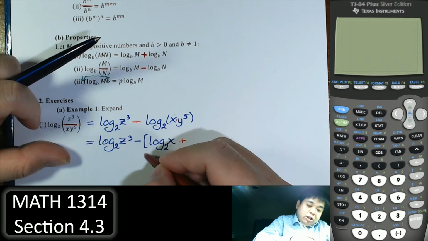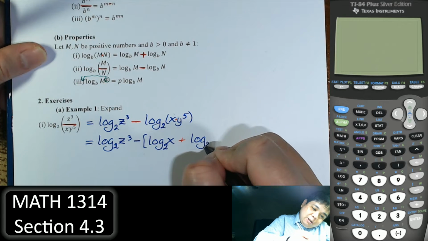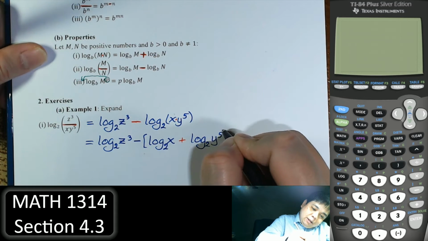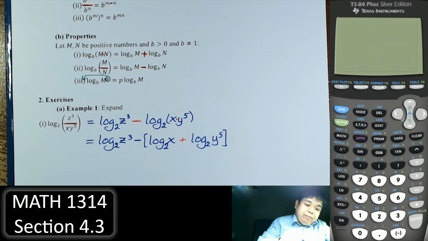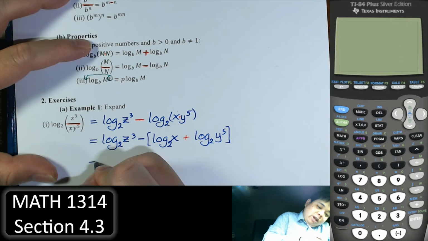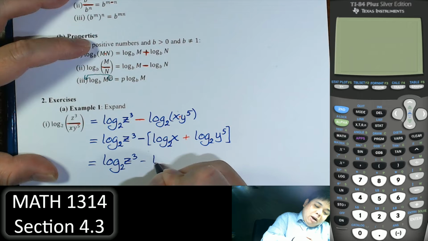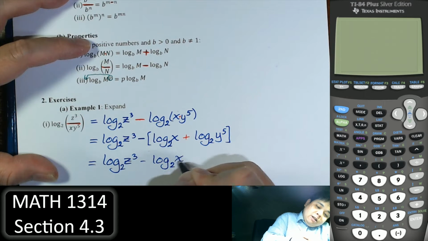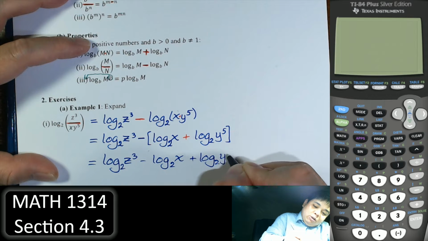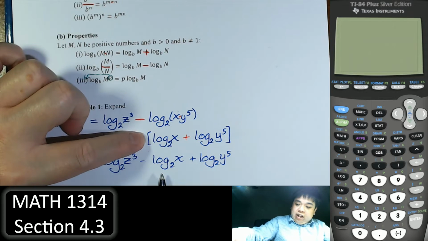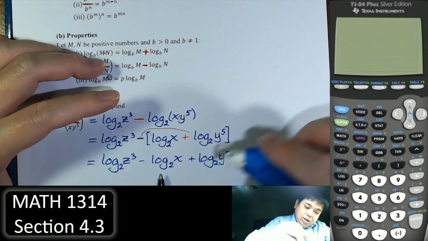So that's why I put in the bracket. So that negative will affect the whole thing here. So distribute the negative. We have log base 2 of z cubed minus log base 2 of x plus log base 2 of y to the fifth. Of course, that would be wrong. The negative here distributed to here and there. So this would be negative.